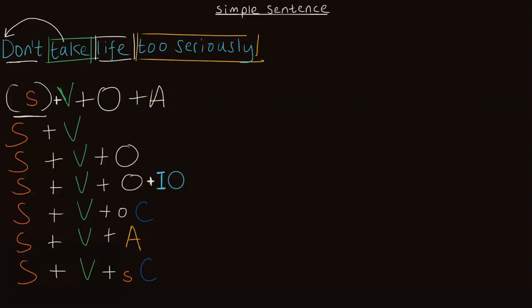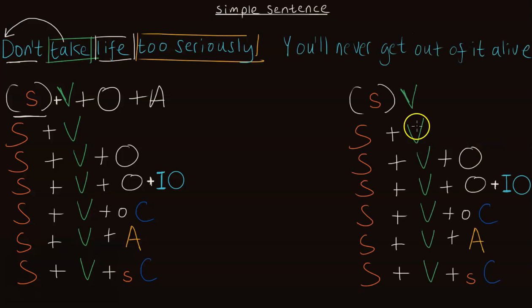Let's do one more. You'll never get out of it alive. Where's the verb? The verb is get. Whom or what gets? You, subject. Whom or what is gotten? It. Okay, so we have alive, which answers the question.